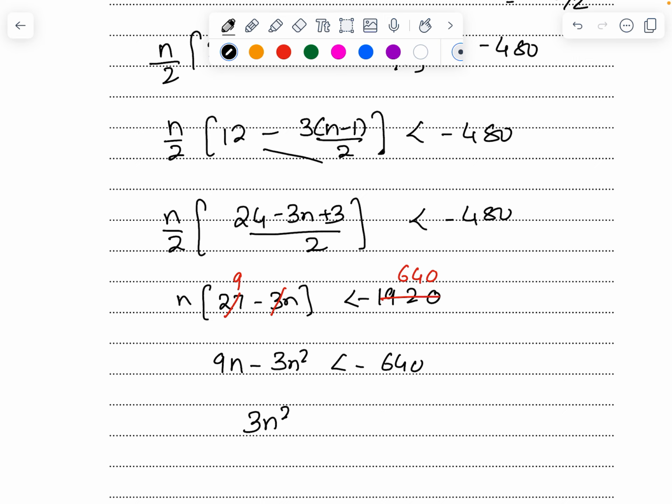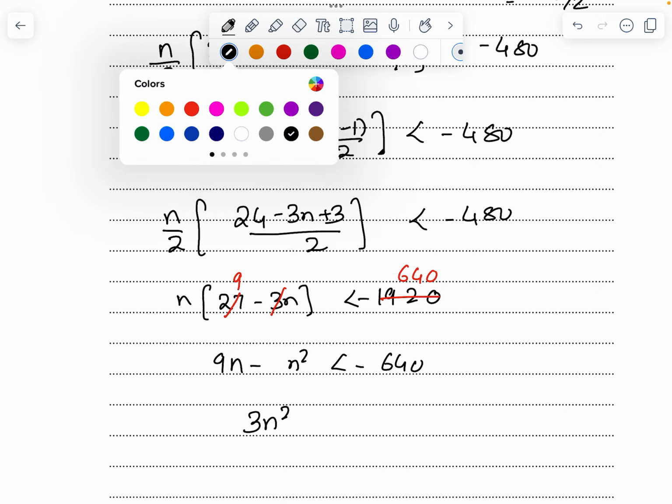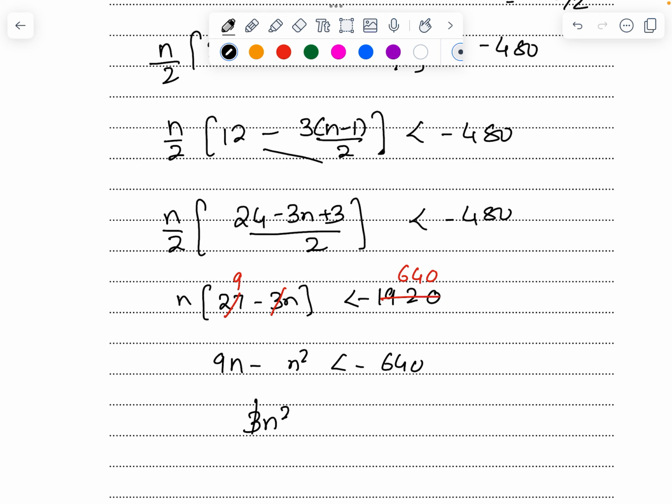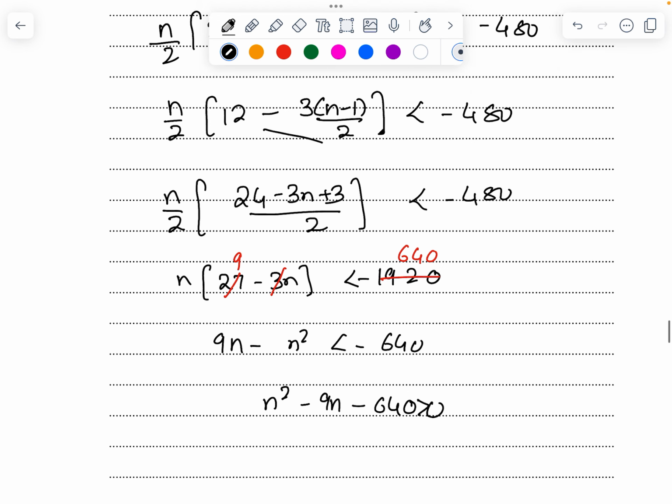No, 3n square, only n square minus 9n. So it becomes n square minus 9n minus 640 is greater than 0.